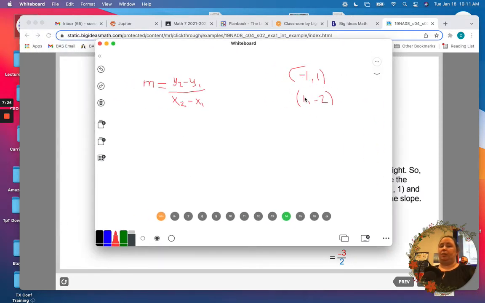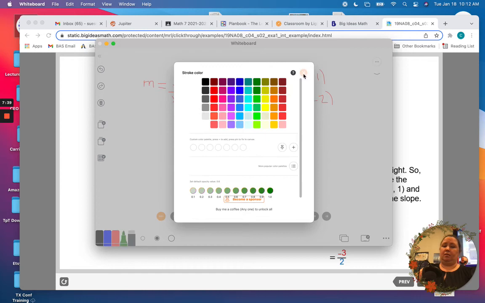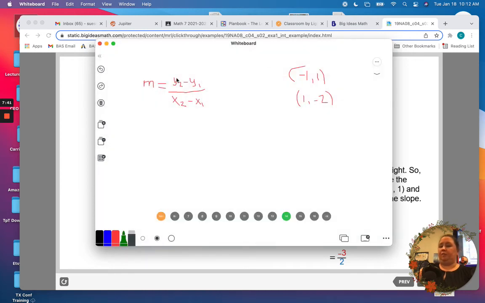Okay, so these are my 2 points. It does not matter which of these I assign to which y or x, as long as whichever one I choose stays. Let me explain that. So if I choose y2 minus y1, my y values are these 2 right here, correct?